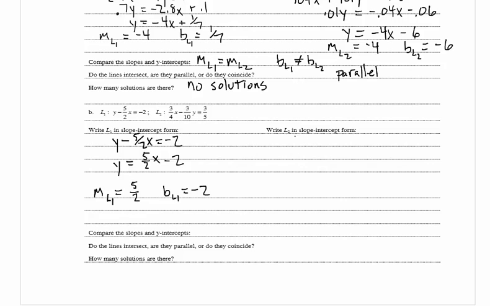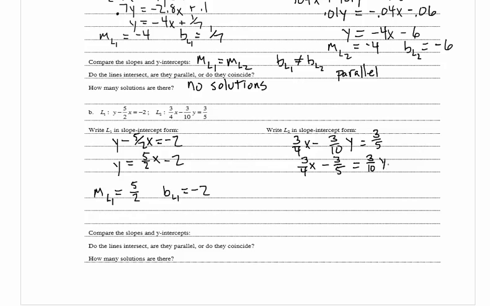And now for L2, we have 3/4 x minus 3/10 y is equal to 3/5. So the first thing I'm going to do is add 3/10 y to both sides and subtract 3/5 from both sides. So I have 3/4 x minus 3/5 is equal to 3/10 y.